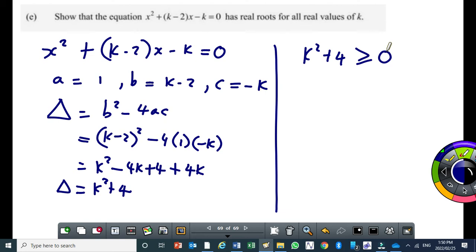So what you do here is you say, but k squared will always be greater than 0 for all values of k.